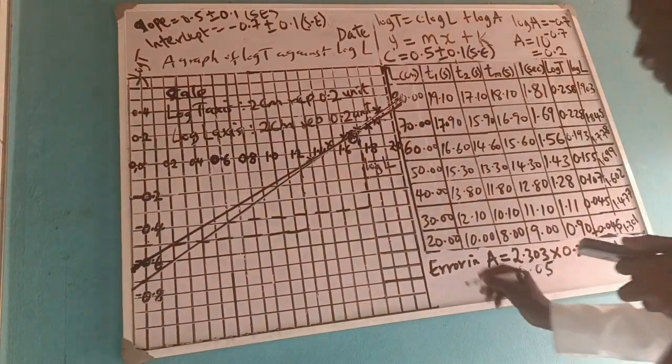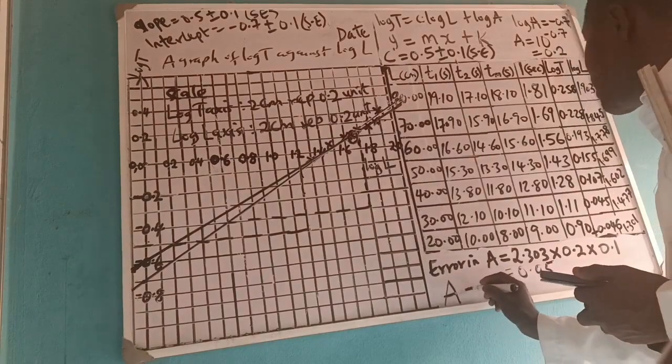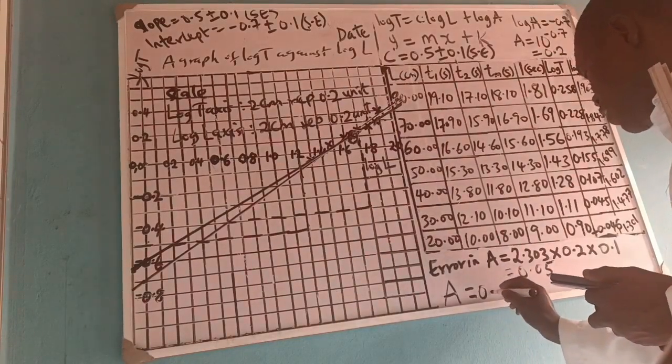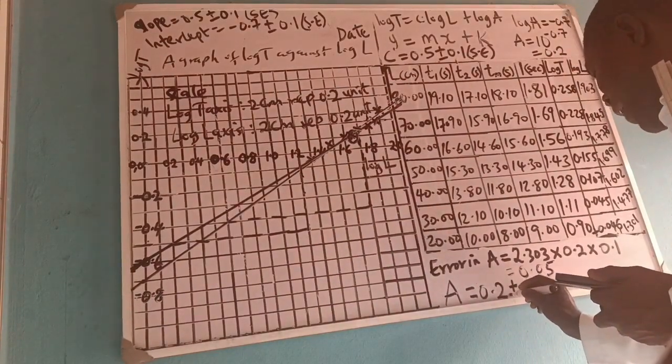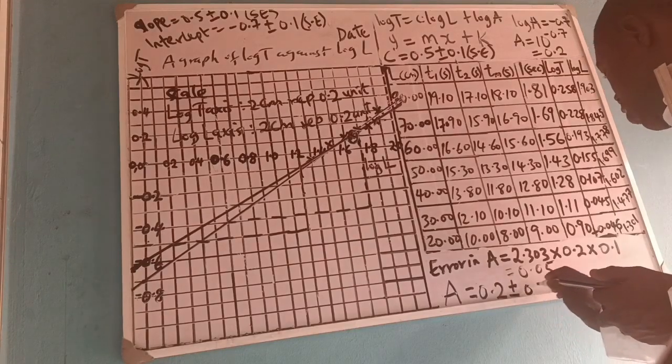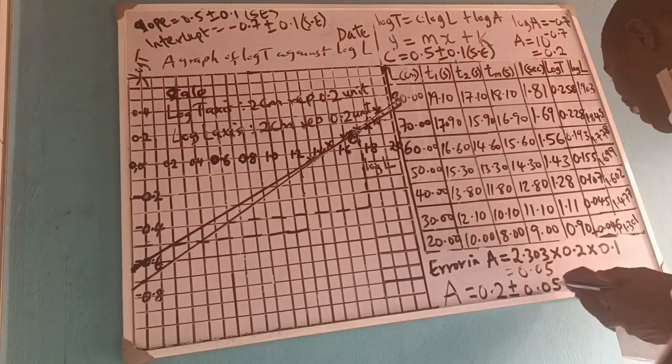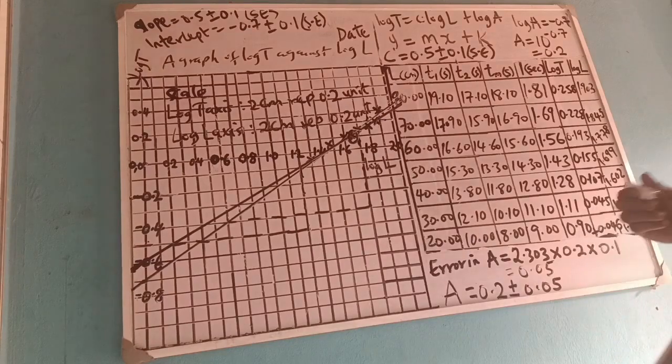That means our A is equal to 0.2 plus or minus 0.05. That is just it.